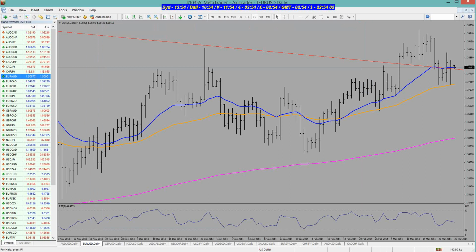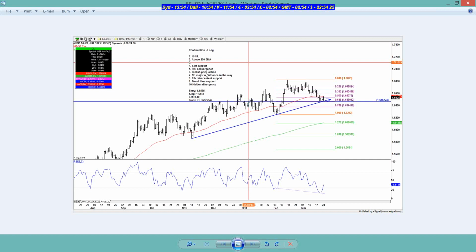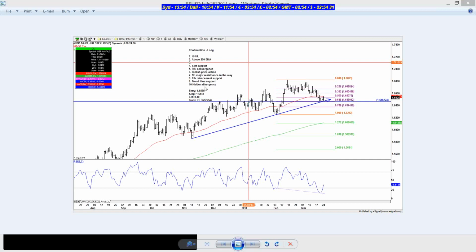Possible trades. Okay. Retail sales Thursday. Okay. Current account. All right. So higher support resistance. Hidden divergence. Yep.